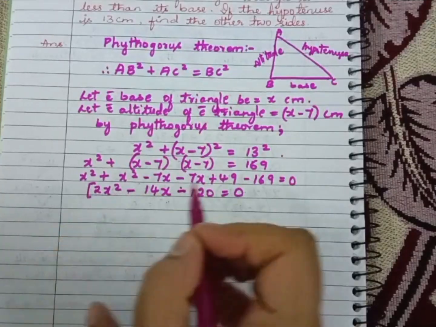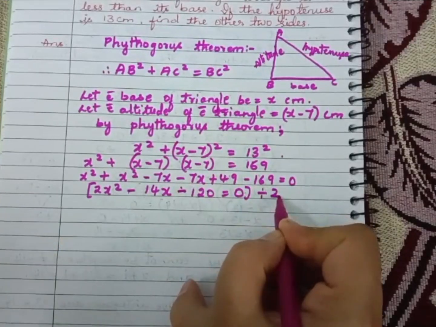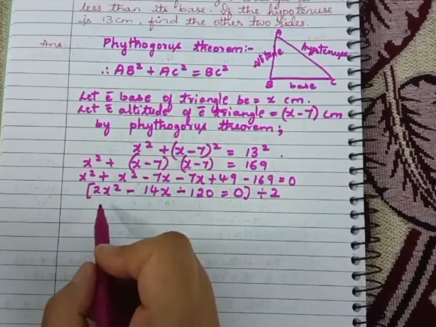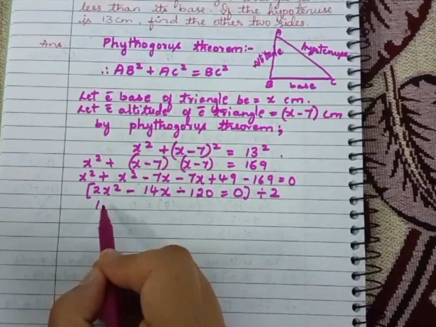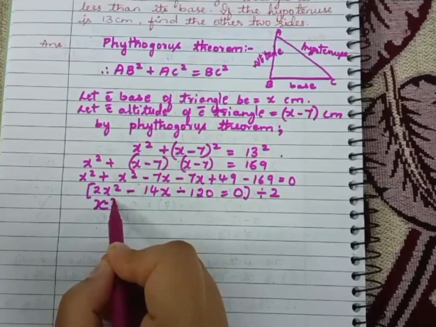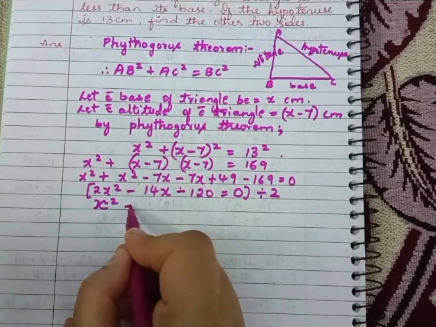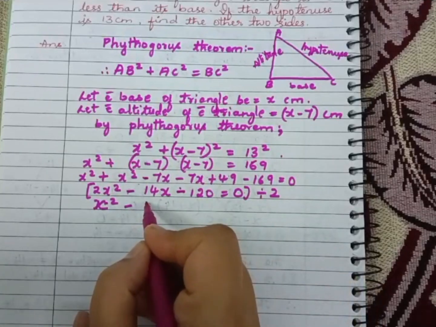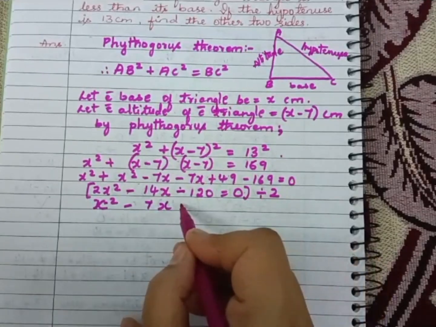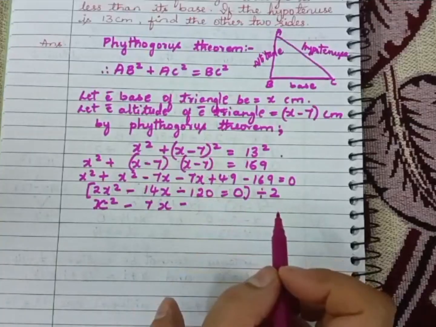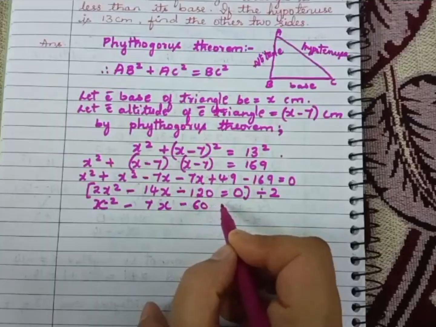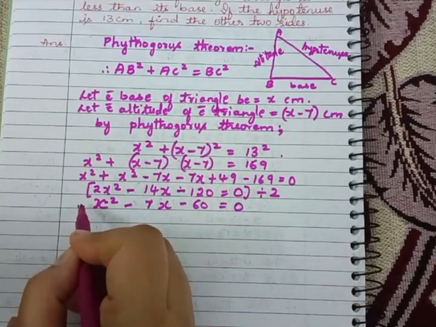For this we are going to divide it by 2 because we have squares in this answer. So 2 divided by 2 is 1, that is x square, minus, and 14 is divisible by 2, 2 sevens are 14, minus 120 divided by 2, 60 twos are 120 is equal to 0.